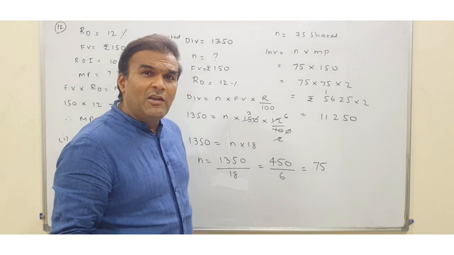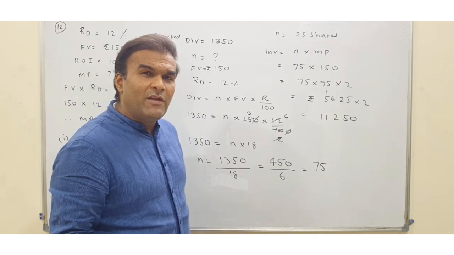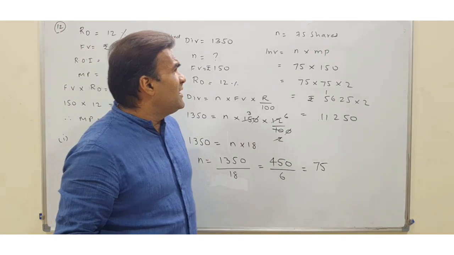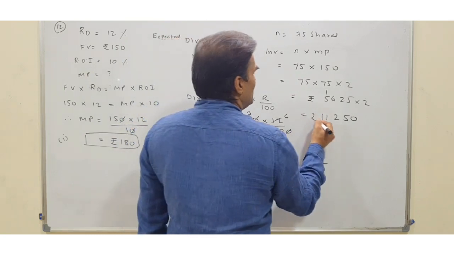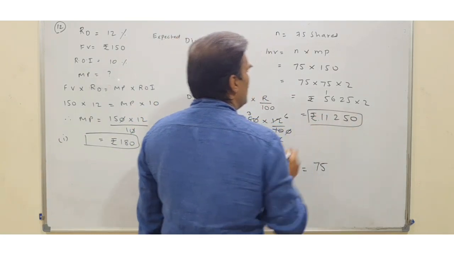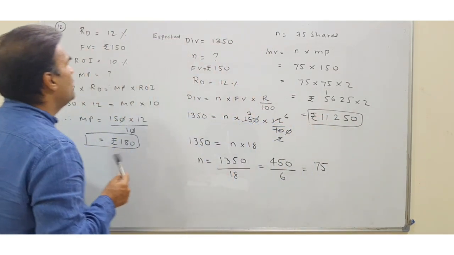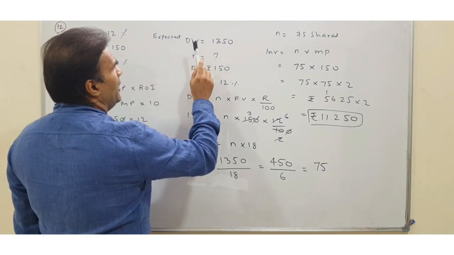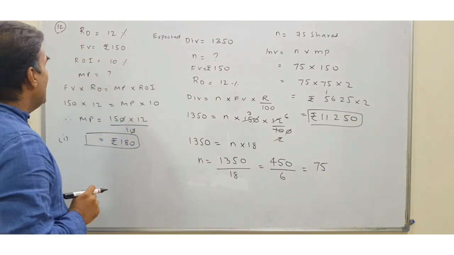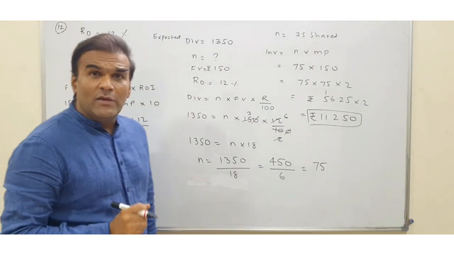Okay, this was a difficult one compared to all the sums that we have done so far. This was the easiest question. So one must invest 11,250 in order to get a dividend of 1350. With this, question number 12 comes to an end.